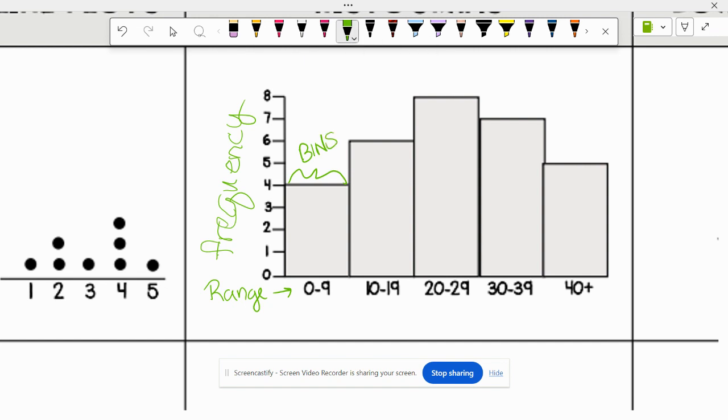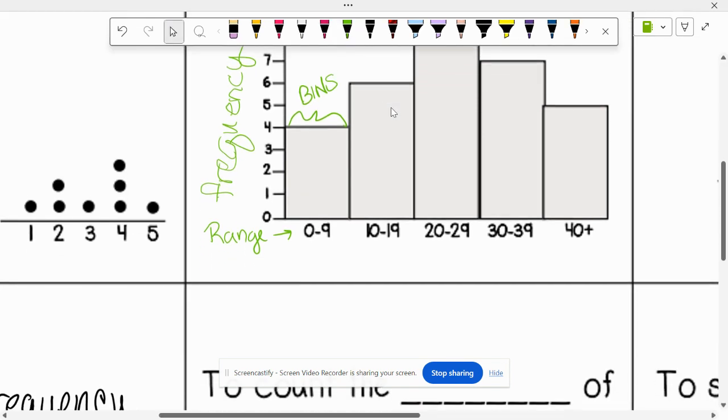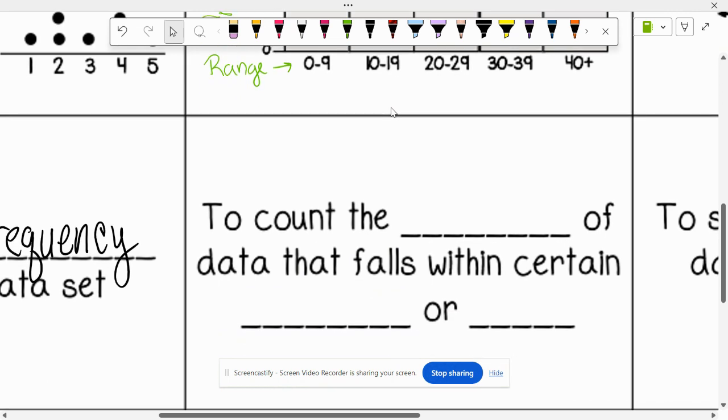A histogram also is used to count the frequency of data, but it's used when you have larger data sets, bigger numbers. The reason is that we create these bins. Instead of giving a tally mark for every time someone chooses the number 1, we give a tally mark for every time someone chooses the numbers 0 through 9, 10 through 19. So your bins represent 10 possible choices each.